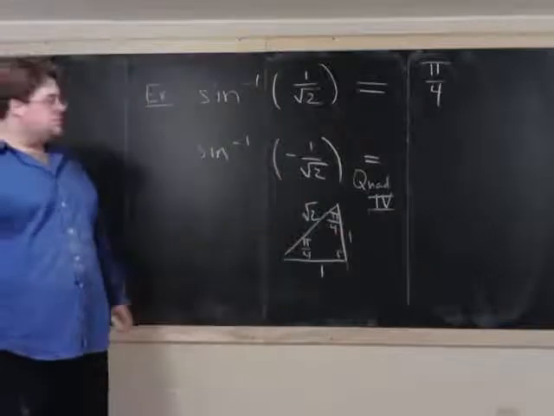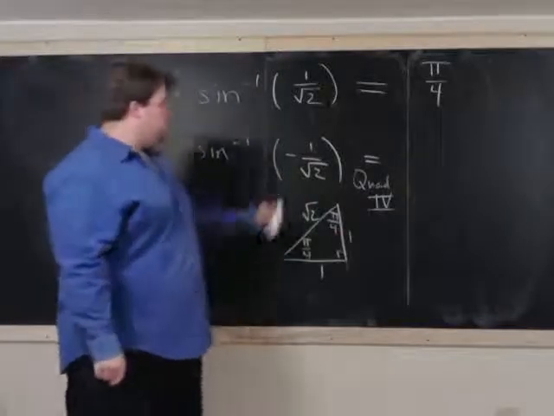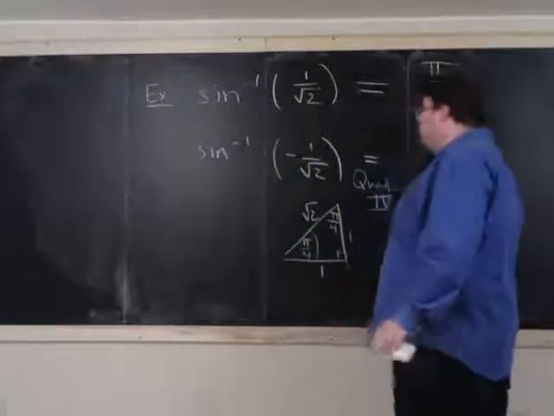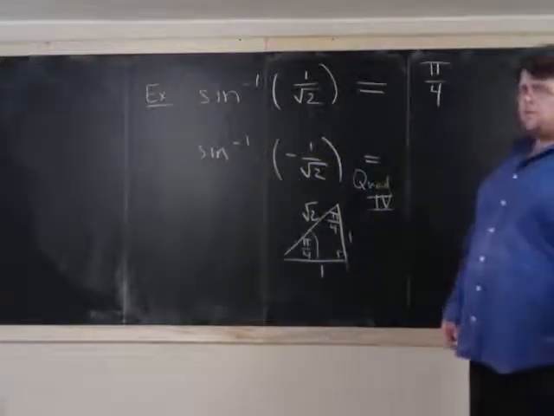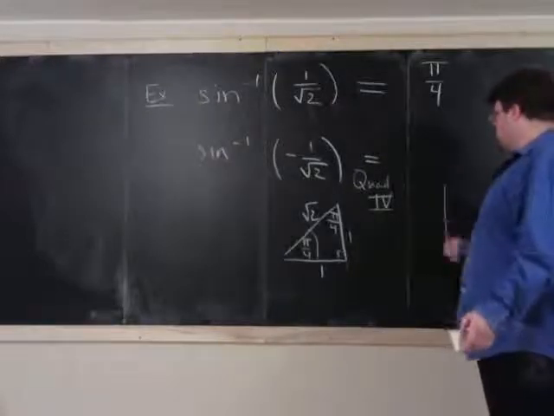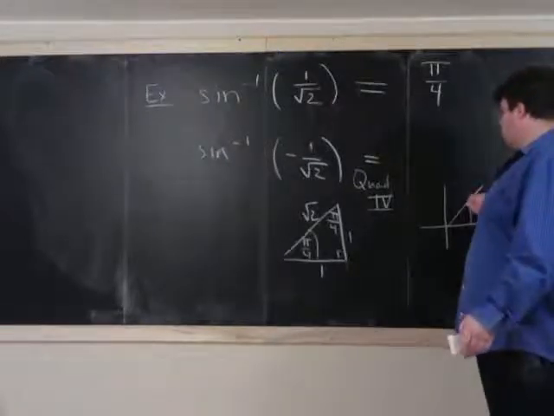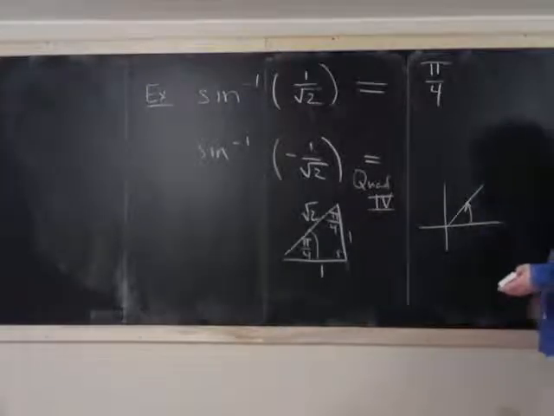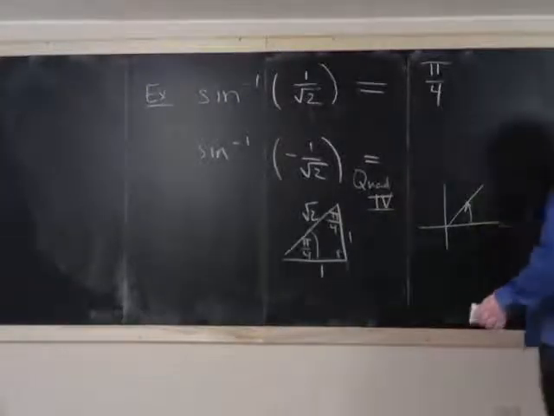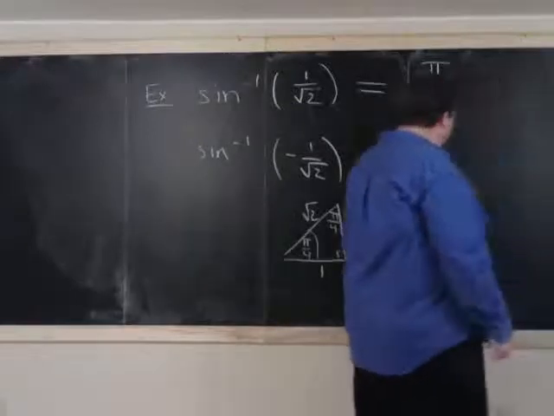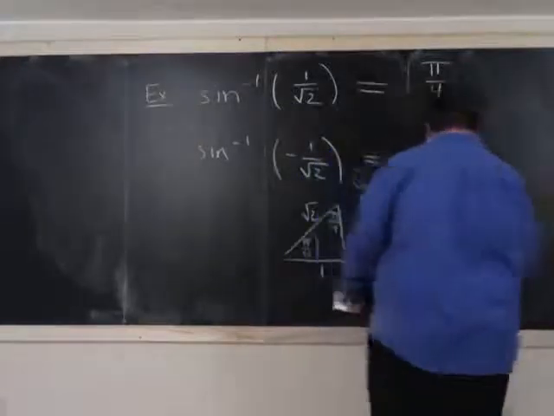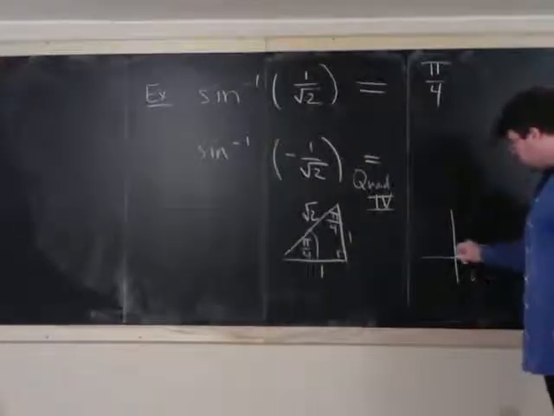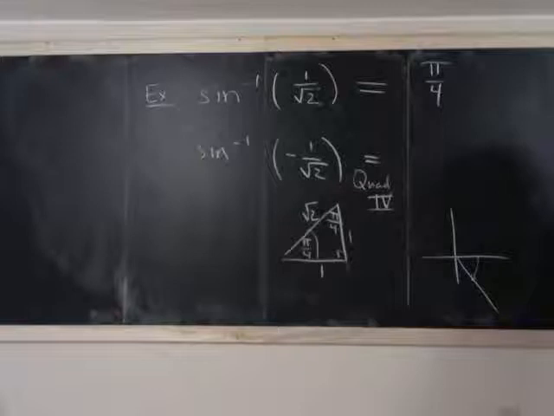Opposite over hypotenuse, we want to be 1 over root 2 in quadrant 4. That takes care of the negative. So we again get pi over 4. But pi over 4 is that angle. That angle is not in quadrant 4. That angle is in quadrant 1. We want this to be in quadrant 4. We want it instead to go down into quadrant 4.